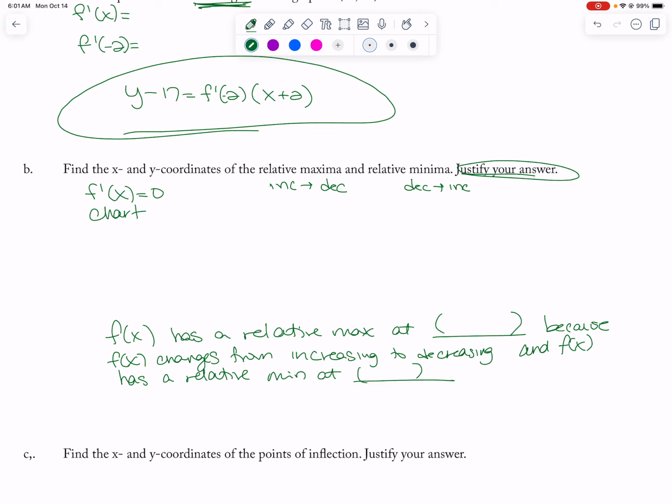And you can have more than one as long as they have the same y value. From decreasing, because f of x changes to increasing.